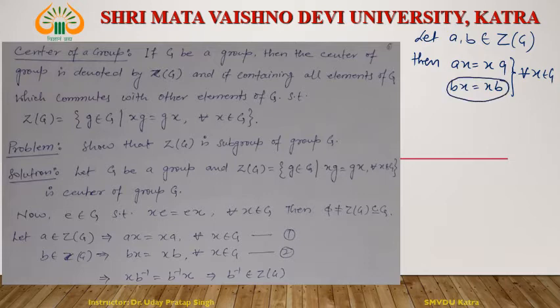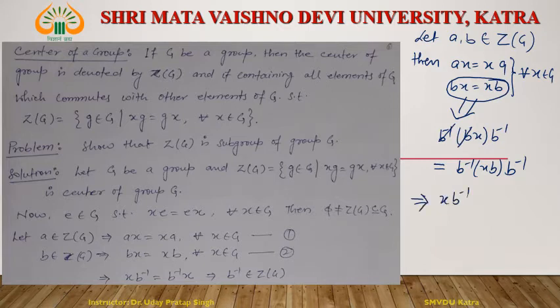Now multiply by b inverse from the left side as well as the right side. That is, b inverse (bx) b inverse is equal to b inverse (xb) b inverse. Then what happened? This b inverse b is identity, so this is e x b inverse, and this b inverse b is identity.